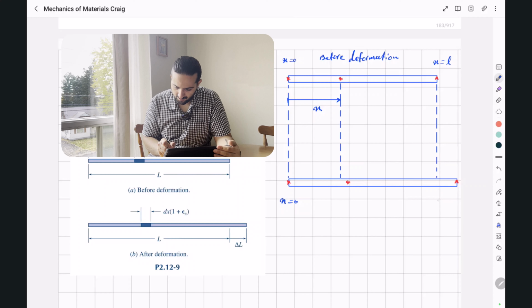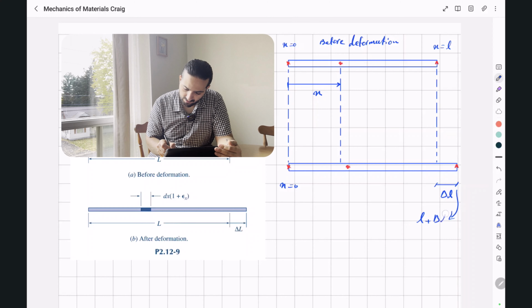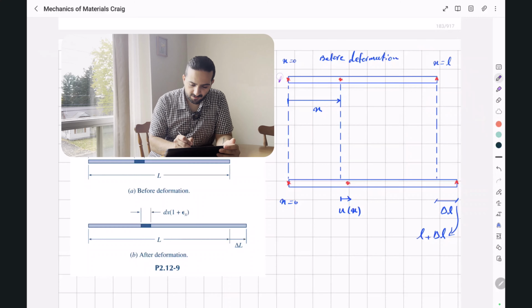This elongation, we can call it delta L. So this will be L plus delta L. And for this point, we just call it Ux. So Ux is actually the displacement of a point which is located at a distance x from the beginning of our wire.